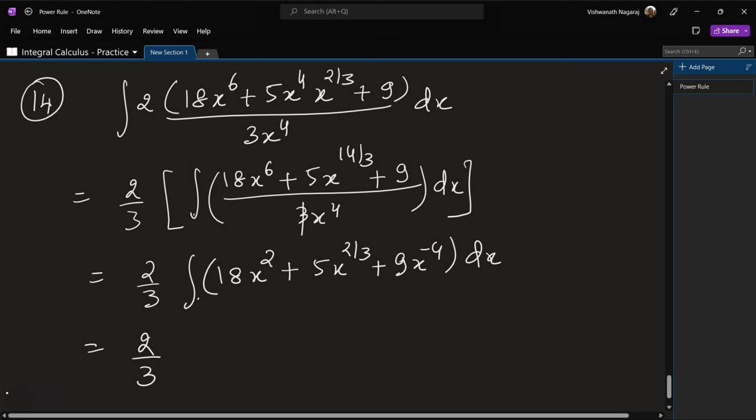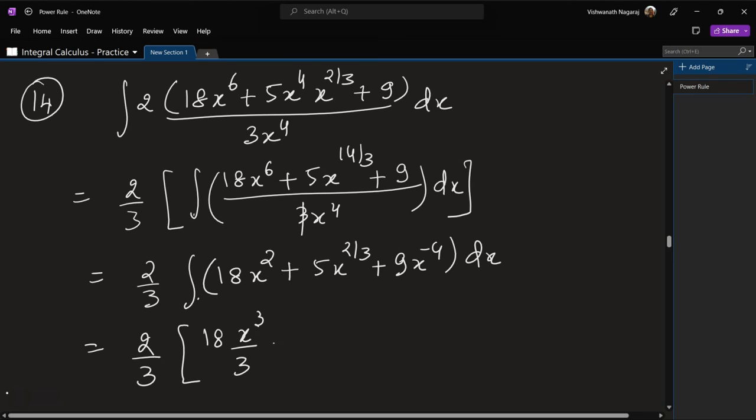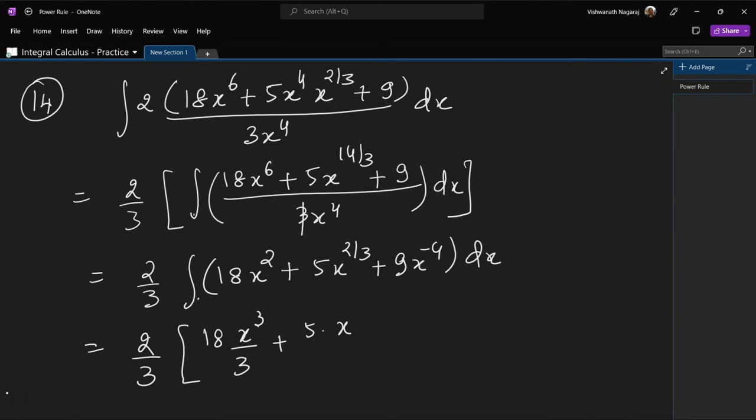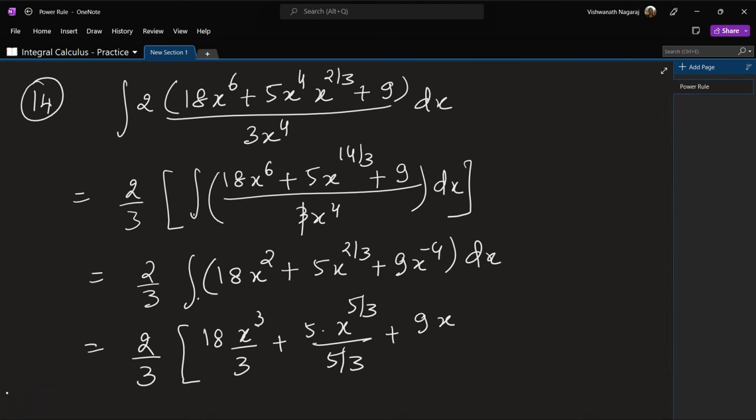First we simplify and then we integrate. So we get 18 x cube by 3 plus 5 times x to the power of 2 by 3 plus 1. 2 by 3 plus 1 gives 2 plus 3, 5 by 3, by 5 by 3, plus 9 x to the power of minus 3 by minus 3.